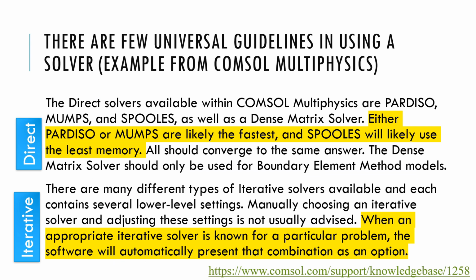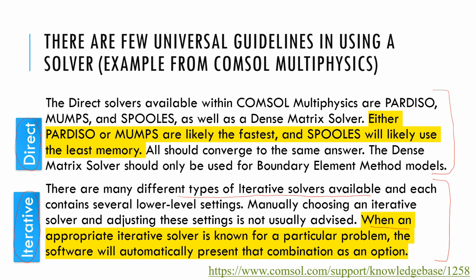So here is a page that I showed you first for direct, and now I'm showing for indirect, copied from the company's software manual. And just like for the direct methods, there are going to be several iterative solvers available, but there is no one solution that is perfect and known beforehand, generally speaking.